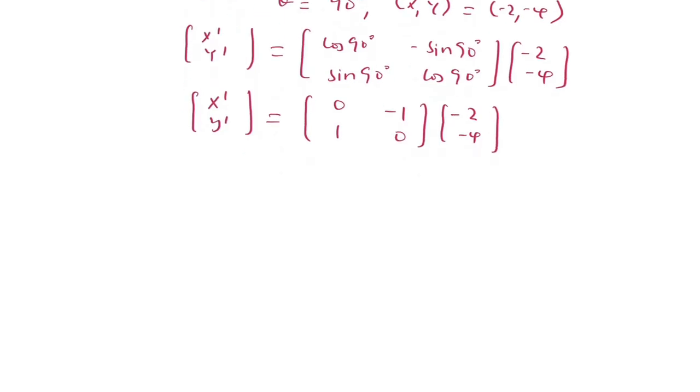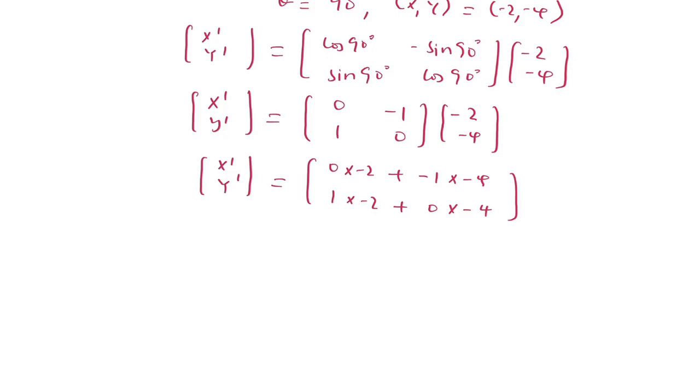Then our equation is going to be [x image, y image] equals [0 times -2 plus -1 times -4, 1 times -2 plus 0 times -4].